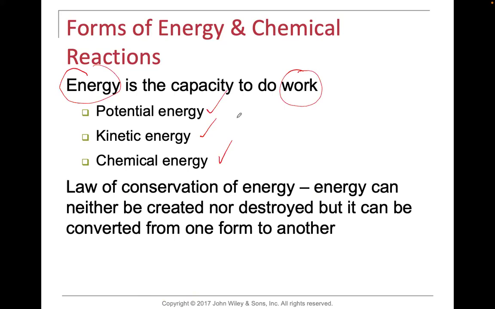Now, there's something called the law of conservation of energy, which states that energy can't be created and it can't be destroyed. It kind of always is, always was, and always will be. It just kind of gets converted from one form into another, right?